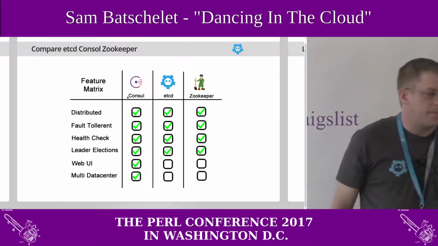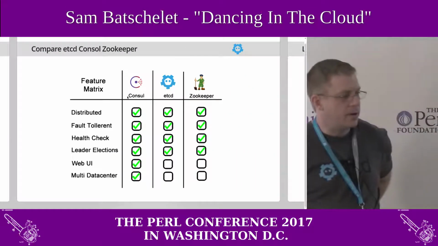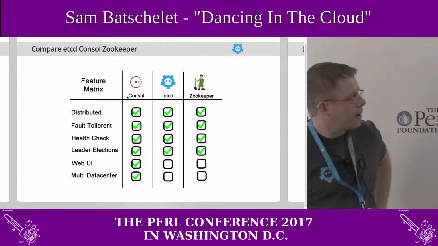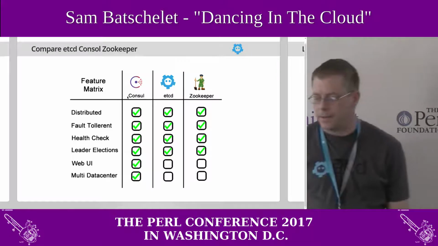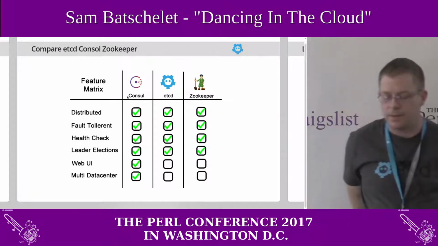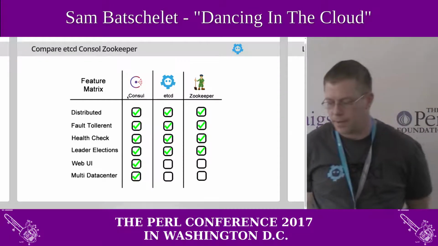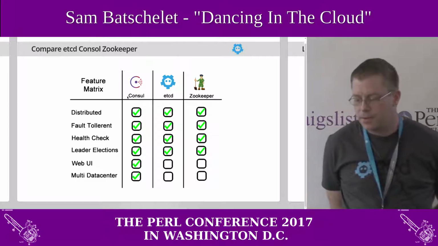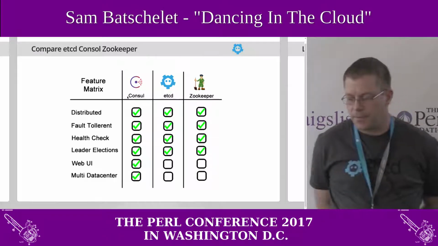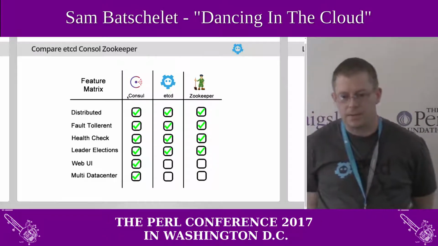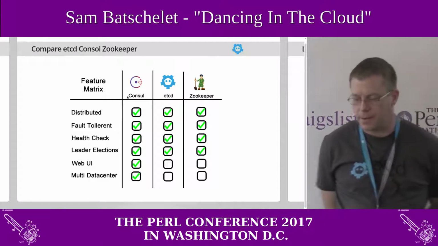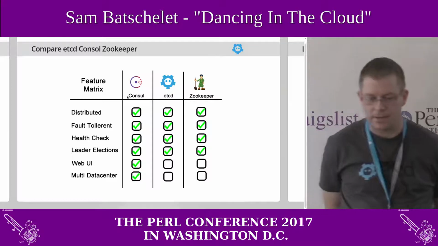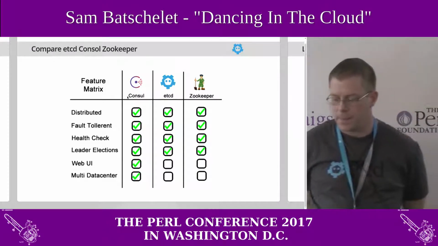So this is kind of a matrix of other key value stores that you might have heard of, mainly being Consul, Etcd, as we're talking about, and Zookeeper. Zookeeper is an Apache solution. You can see, from afar, most of these have similar technologies as far as they're all distributed, fault tolerance, health check, all that stuff.